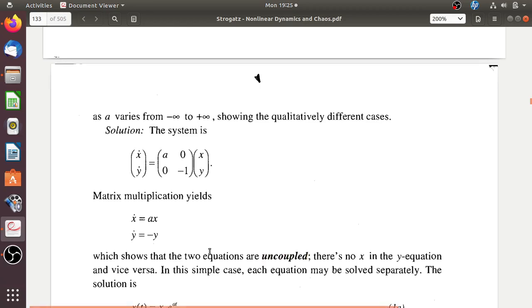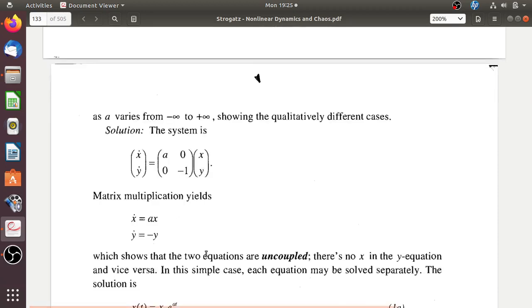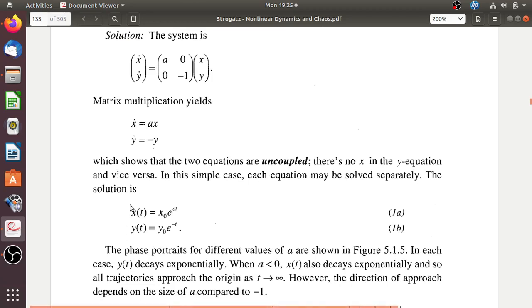Solving this one is an easy procedure. Once we solve it, we get these equations, showing how x is going to vary and how y is going to vary.